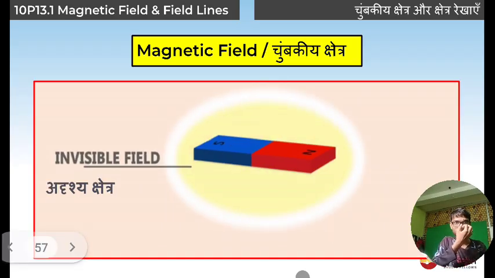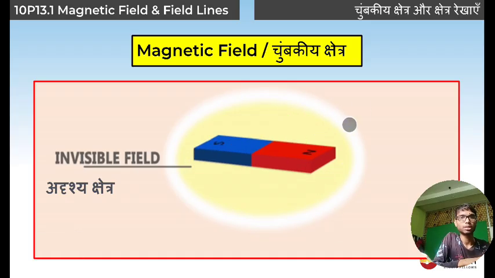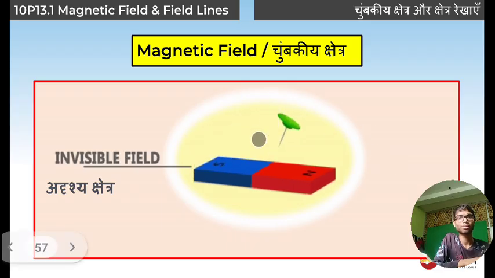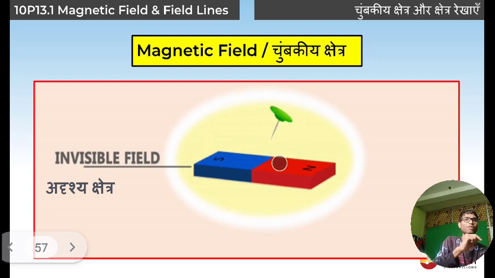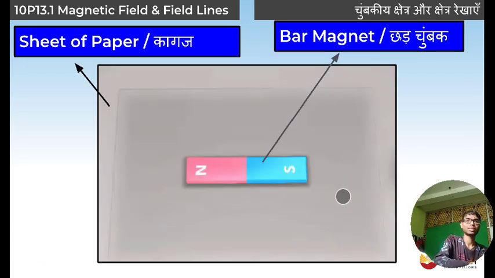Yes, you can see this magnetic material is in the magnetic field. That's why it is attracted.